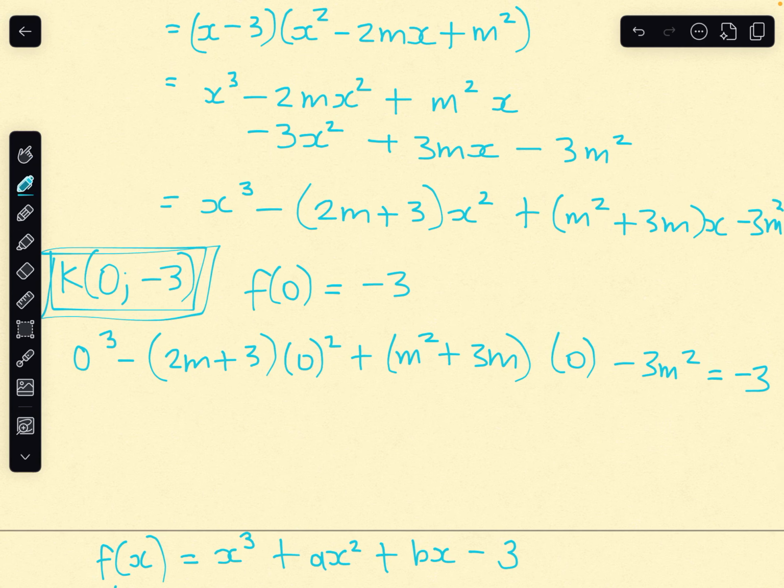Okay, so that term disappears, that term disappears, that term disappears. All we are left with is minus 3m squared is equal to minus 3. So m squared is equal to 1. So m could be plus or minus 1.